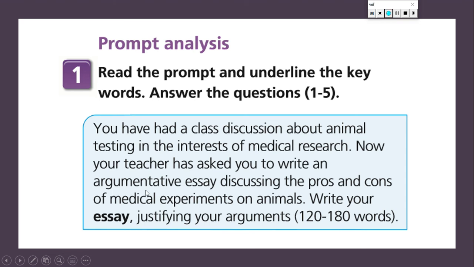See, this is mentioned already. So, in your exam, you will find either persuasive or argumentative. So, argumentative essay discussing the pros and cons of medical experiments on animals. Write your essay. Okay, so we need to write down our pros and cons about this topic.